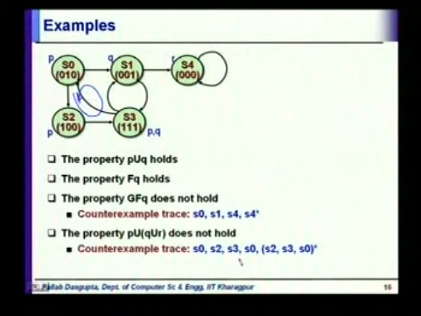If it cannot find any counter example traces after exhaustively searching the Kripke structure, then it will say that the property holds, right? On the other hand, if it finds a counter example trace, then it will say that the property does not hold on the Kripke structure. Okay, we will see how those methodologies work.